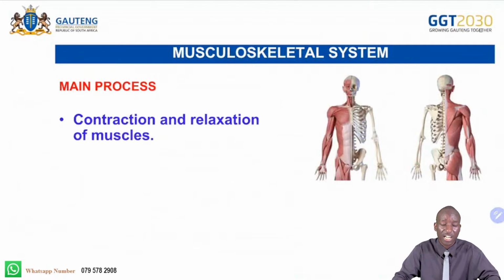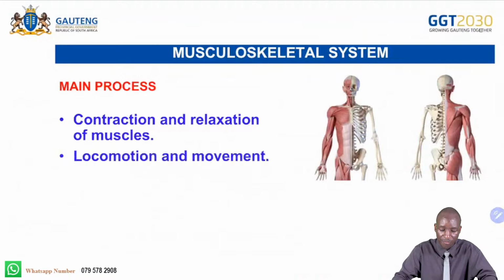Okay, let's look at the main processes of the musculoskeletal system. Contraction and relaxation of muscles, that's one of the main processes. Locomotion and movement, this is another process that is very essential when it comes to the musculoskeletal system.